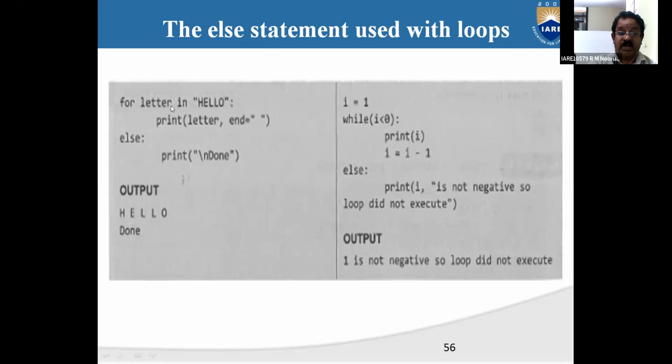The loop is going to iterate and print each letter in hello, and then it comes to the else part. That particular statement is also going to be executed. The output will be hello, done. If you have used any break statement within this for, then it will not enter into this else part.